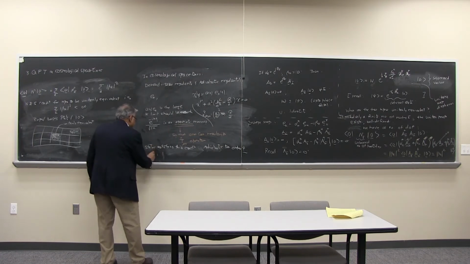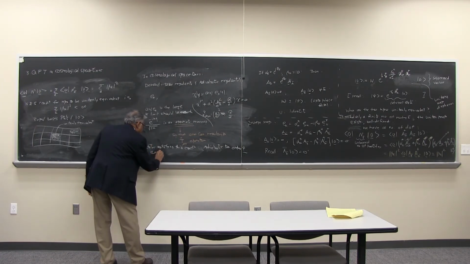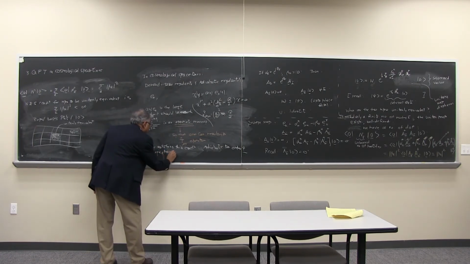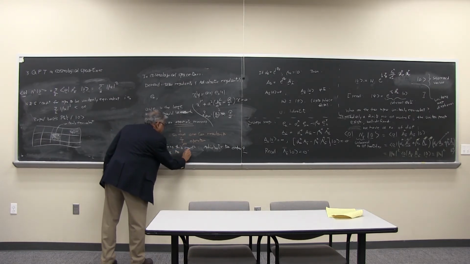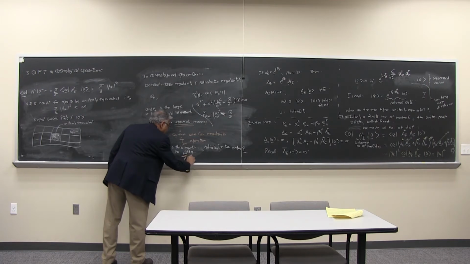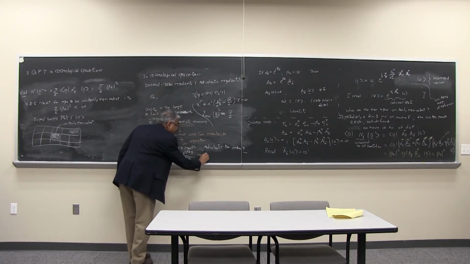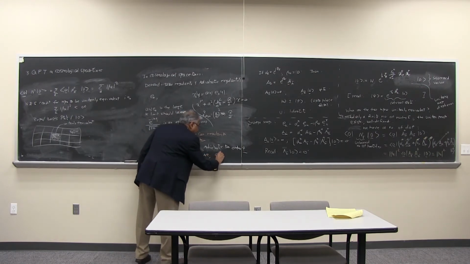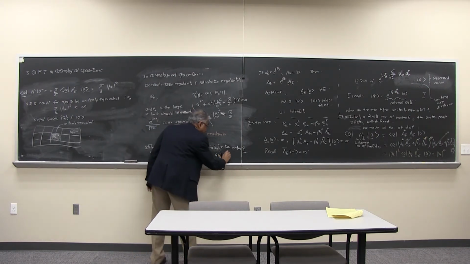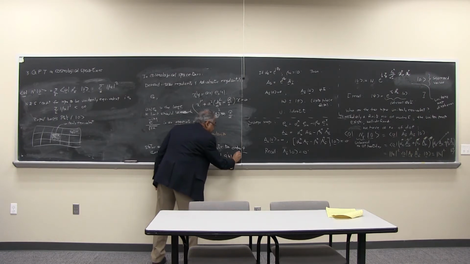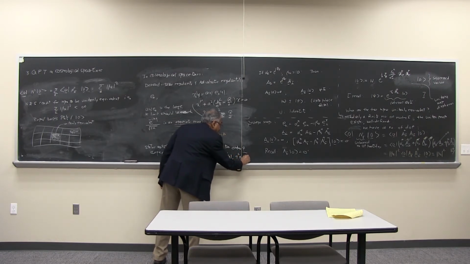So we say that the corrections to e to the minus ik eta upon square root of 2k involve the scale factor, the first derivative of the scale factor, the second derivative, and the third derivative.